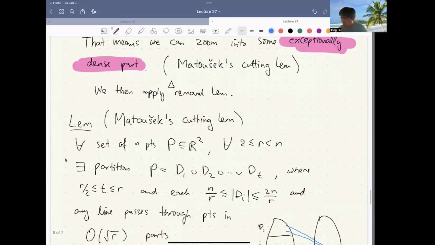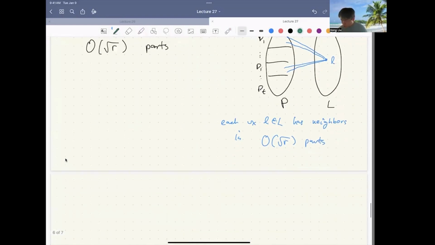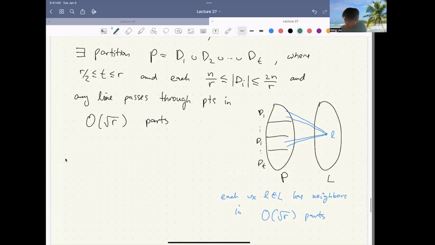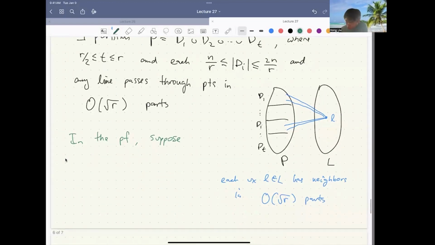In our proof, suppose the number of edges is not little o of n to the 4/3. It's not little o, so that means it's big omega, it's linear in n to the 4/3.